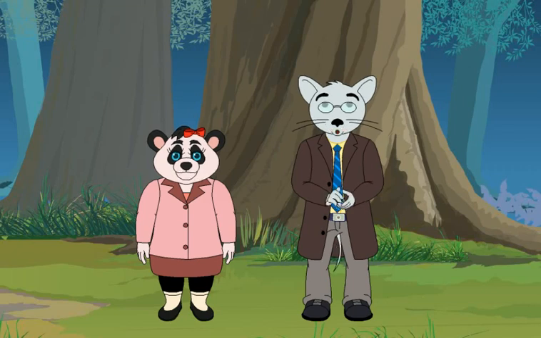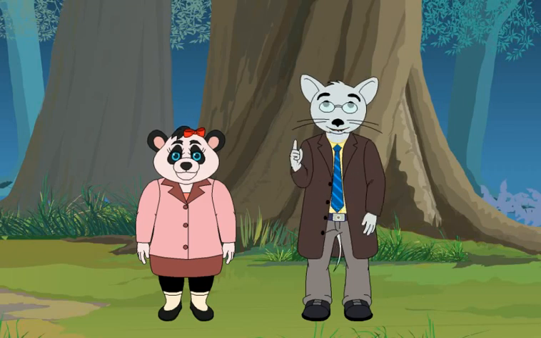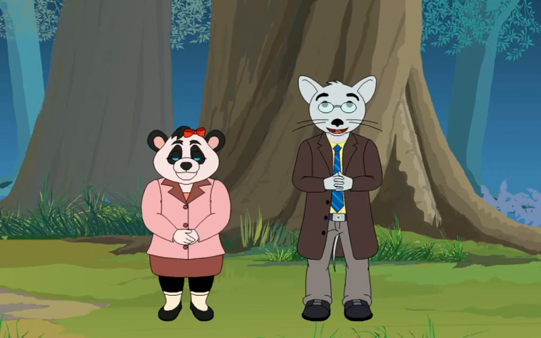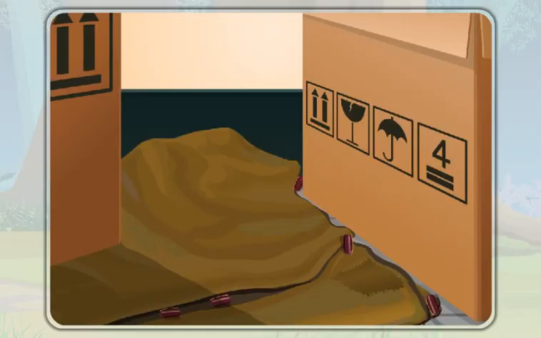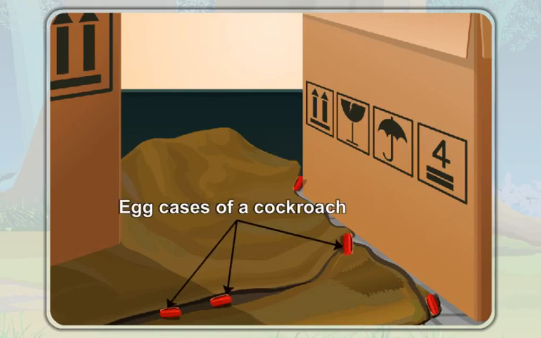Students, now let us discuss the different stages of the life cycle of a cockroach. Let us have a look at these old rags. You can see some purse-like structures. They are the egg cases of a cockroach.